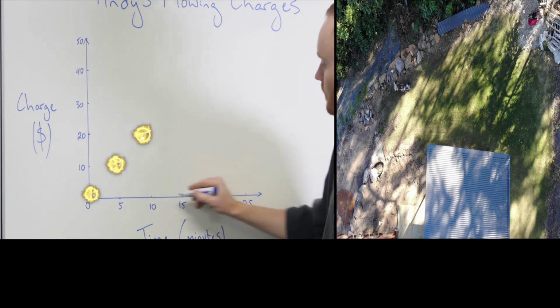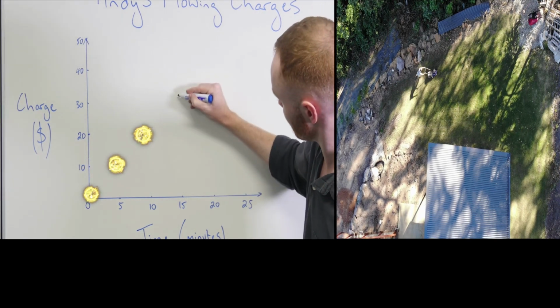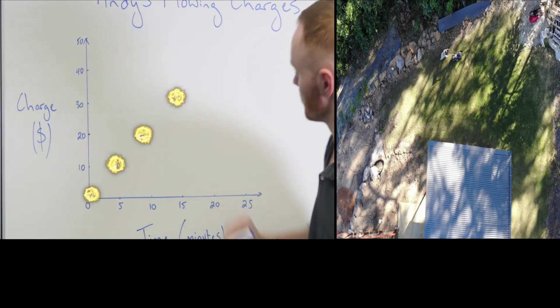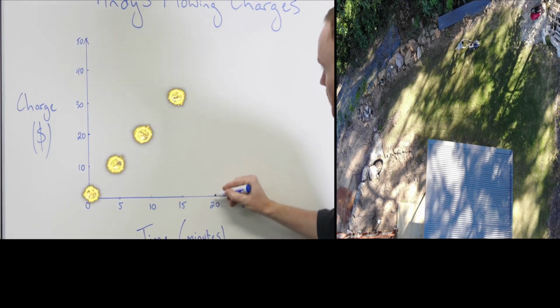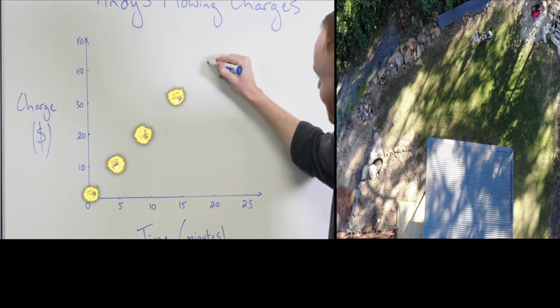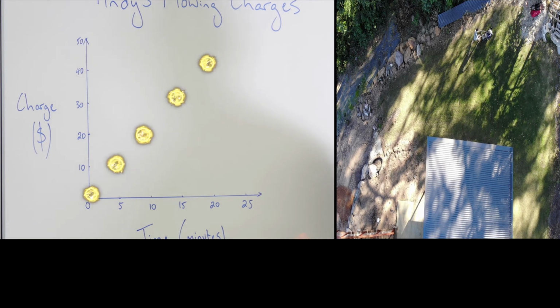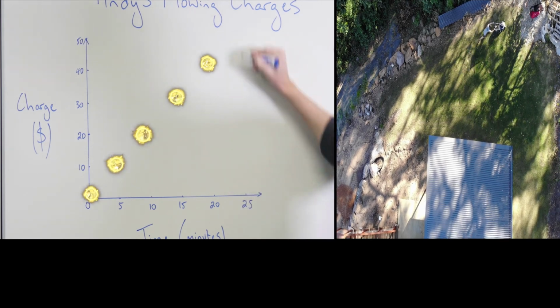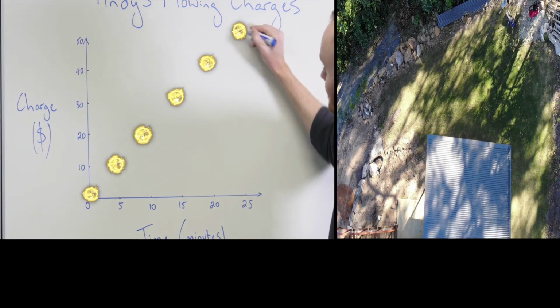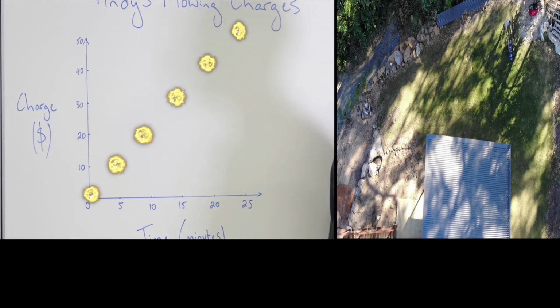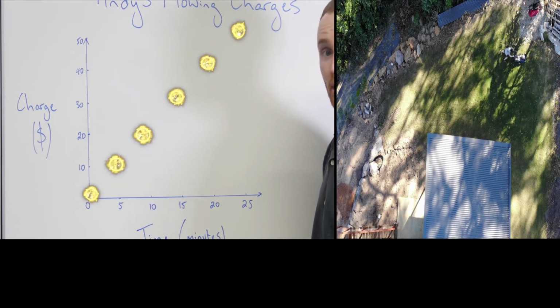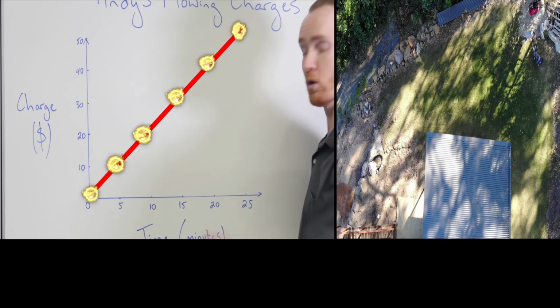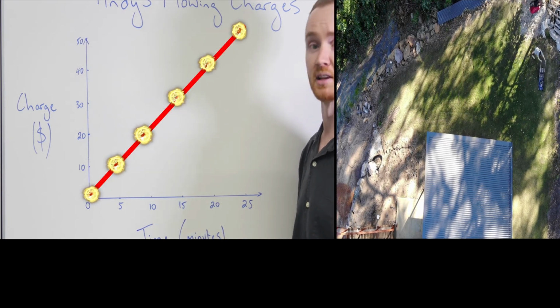Then 15 and 30. 20 and 40. And finally 25 and 50. Easy. So the next step I would probably do is grab my ruler and draw a nice line through all of those points as a linear fit.